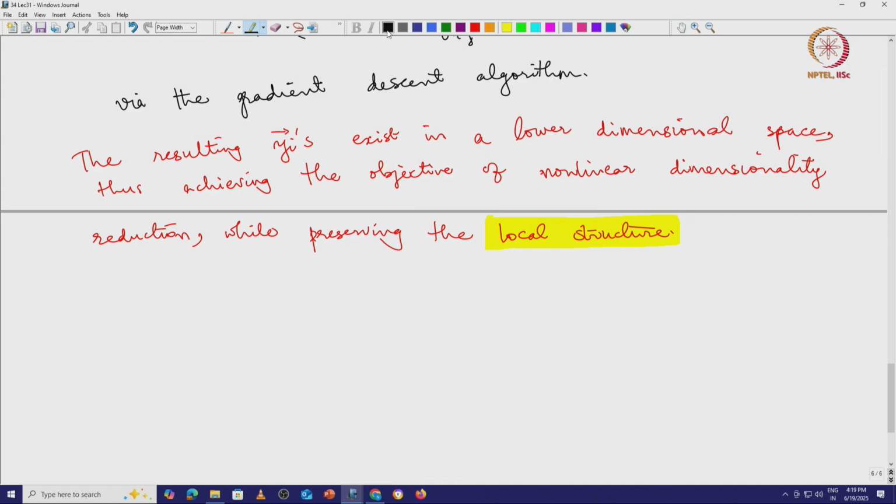So from our discussion of t-SNE, we go on to our discussion of UMAP, which is the next nonlinear dimensionality reduction technique that we will study. So we want to look at the uniform manifold approximation and projection.